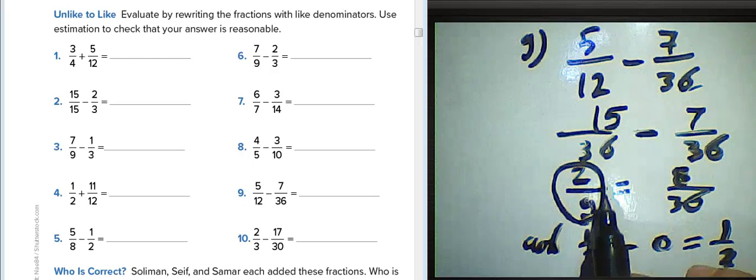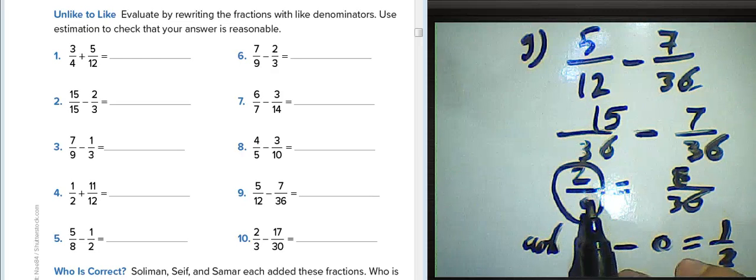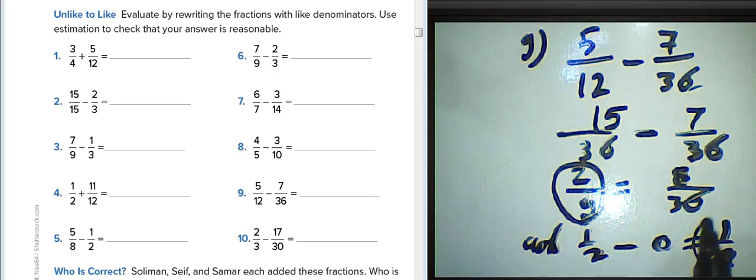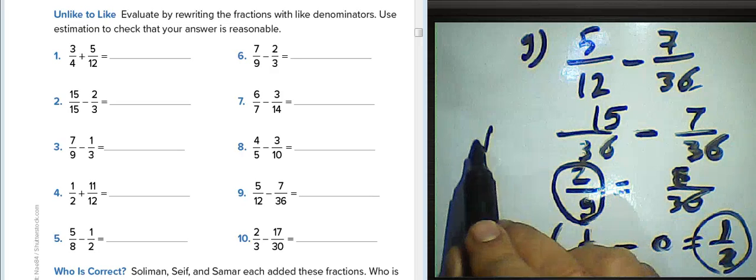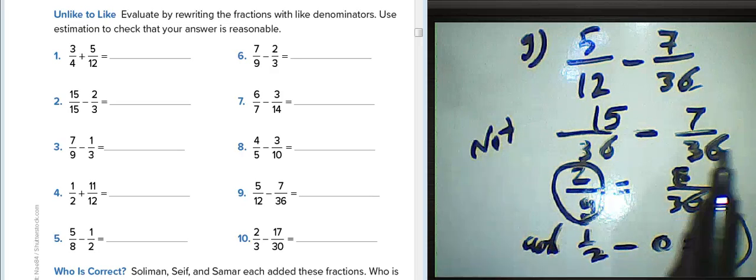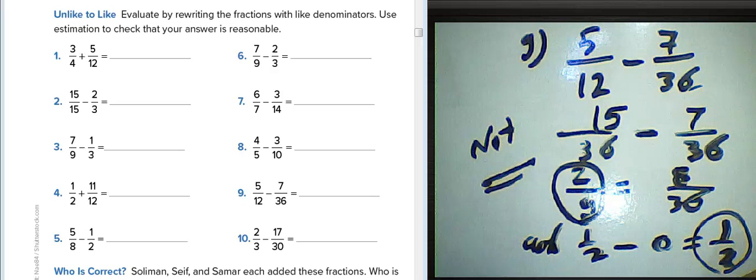And we have 2 over 9. Is 2 over 9 nearest to 0 or half? It's nearest to 0. So half is not a reliable number, because the estimate is half and this number is nearest to 0. Question number 10.